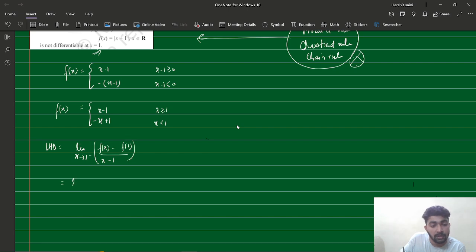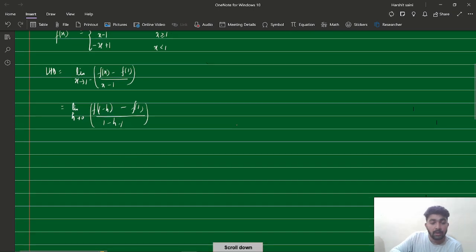Now here you have limit h tends to 0, f of 1 minus h minus f of 1 upon 1 minus h minus 1. Here your LHD will be limit h tends to 0, f of 1 minus h, which we will leave as it is.